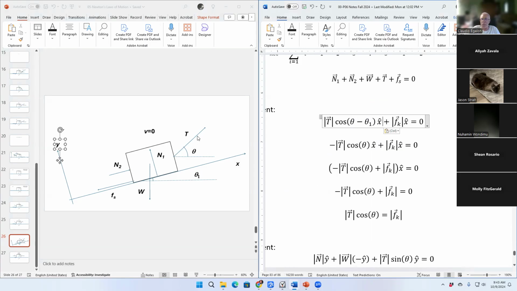We are projecting my tension parallel to this direction, and this angle is theta minus theta 1.